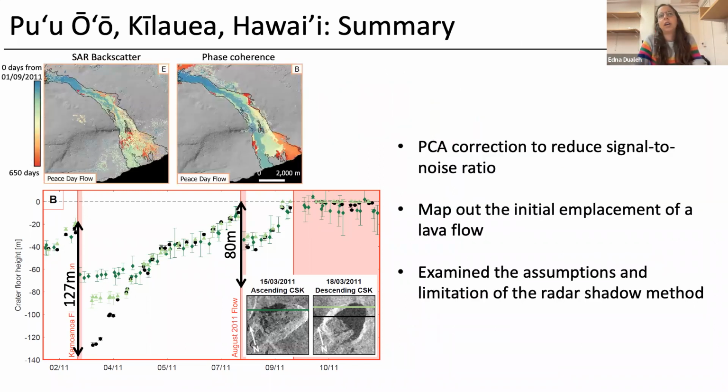So there were quite a lot of things that we were testing on the Hawaii dataset, but I'll leave it with these two.